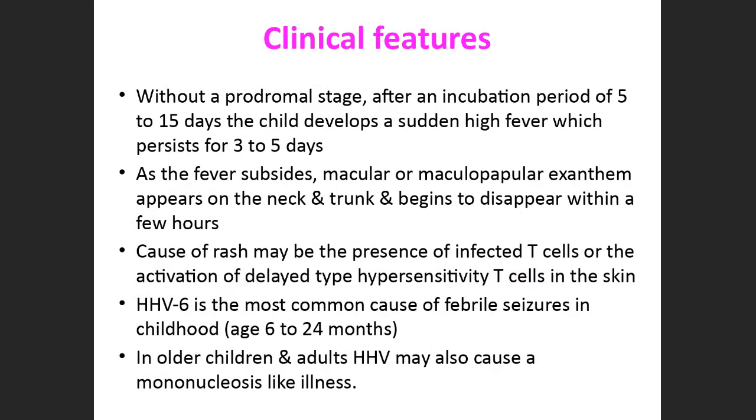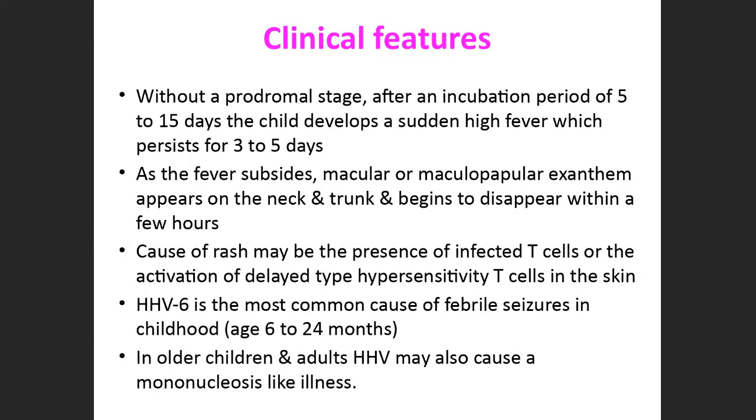Clinical manifestations: the incubation period is 5 to 15 days, and suddenly the child develops a high fever, which lasts around 3 to 5 days. When the fever subsides, a maculopapular exanthem appears. It starts from the neck and trunk and begins to disappear within a few hours. It is for a very short time.